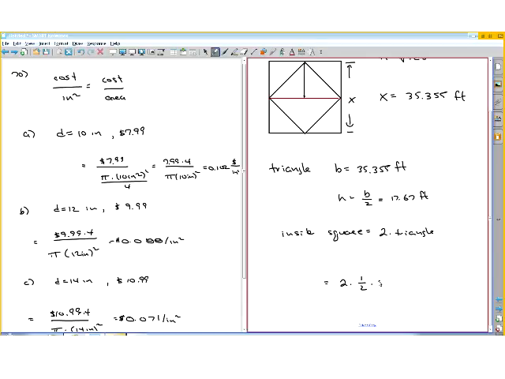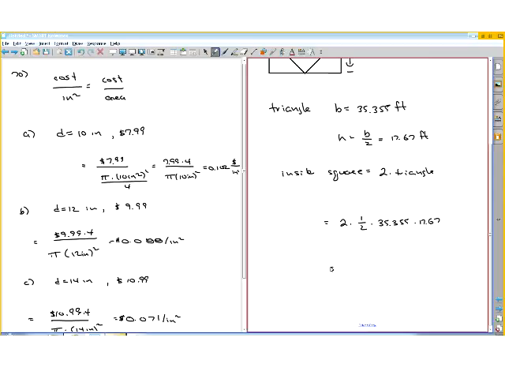So we have 2 times the triangle, which is 1/2 the base times the height, and so these cancel out. 2 divided by 2 is 1, so we take 35.3555 times 17.677, and we get 625 feet squared.